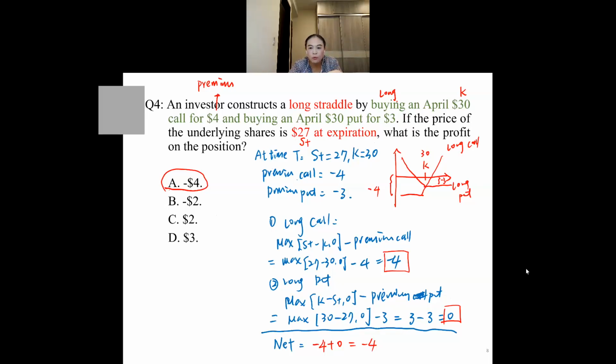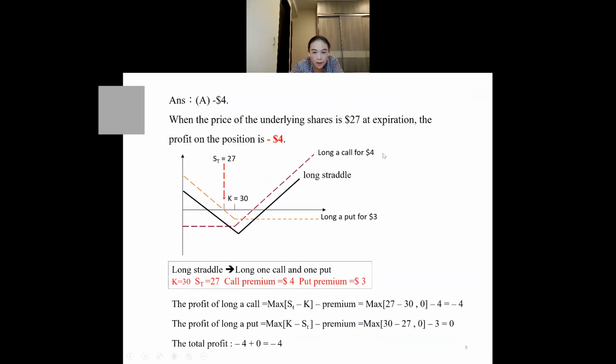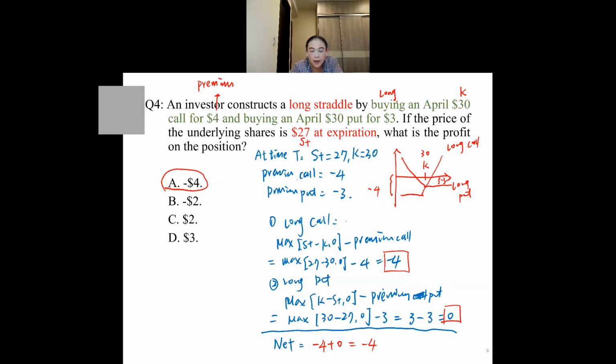Basically, you form two option positions. One is the long call, and remember your payoff rule is maximum of ST minus K, 0, minus the premium. So it will be 27 minus 30, K is 30. I drew the diagram at the back. Then minus 4, which is the premium.